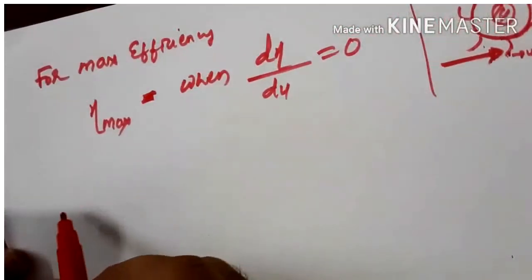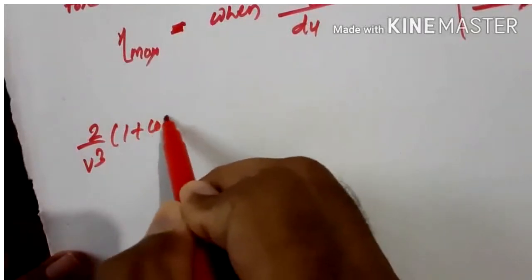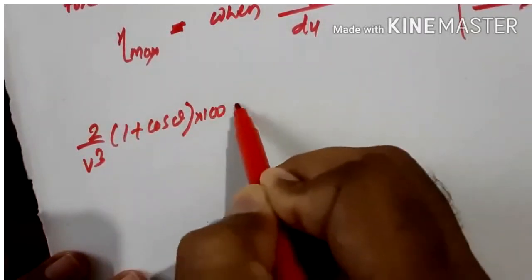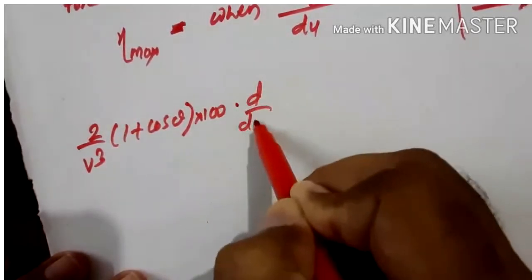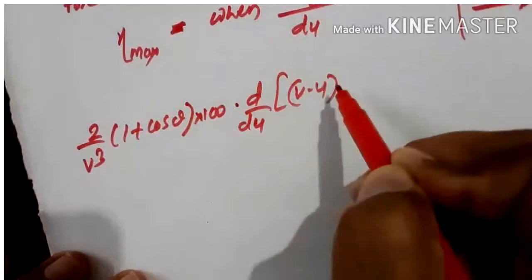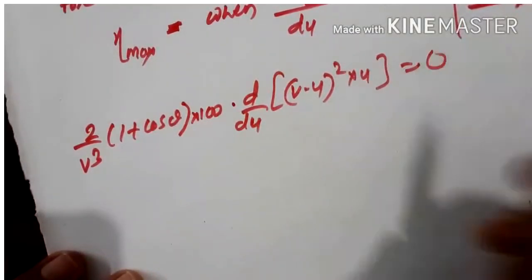Then 2 divided by v cube from the above equation, (1 plus cos theta) into 100, then d by du of the bracket (v minus u) whole square into u equals 0.